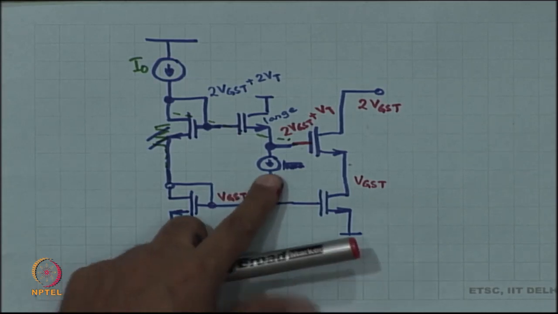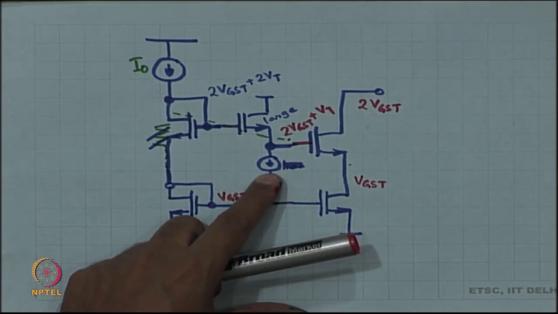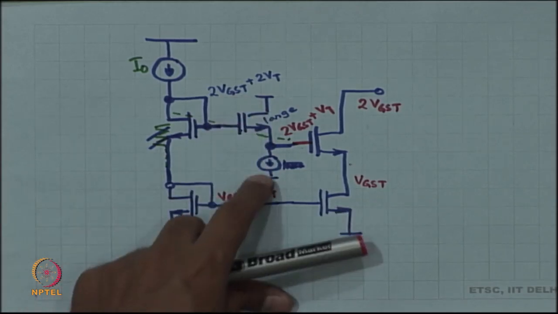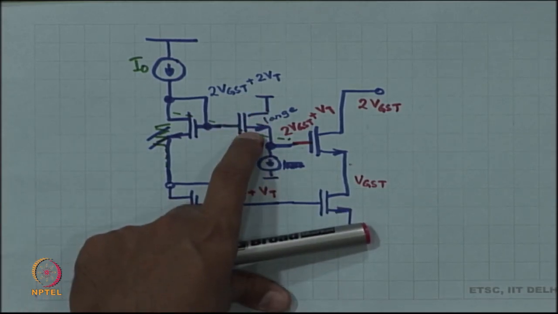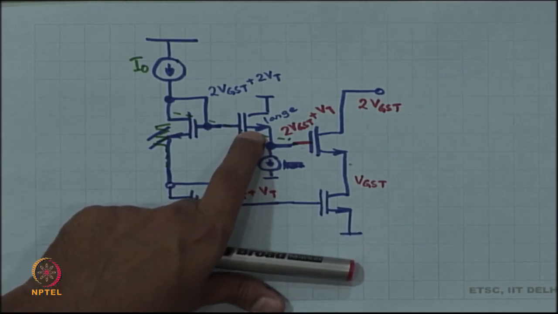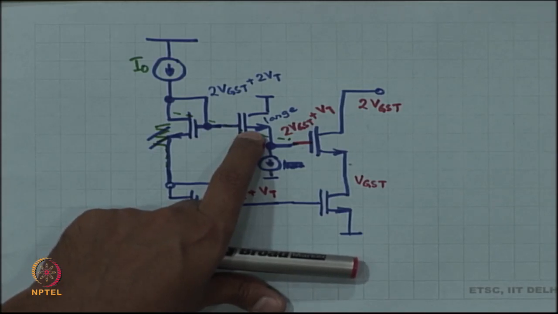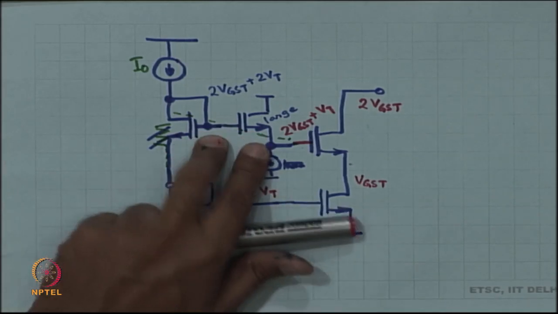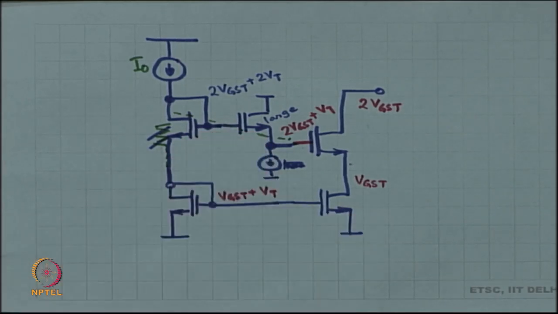If I pull the same current or a similar current through a very large K, then VGS minus VT the whole squared is small, which means that VGS is more or less equal to VT. So, this drop is going to be equal to a VT.